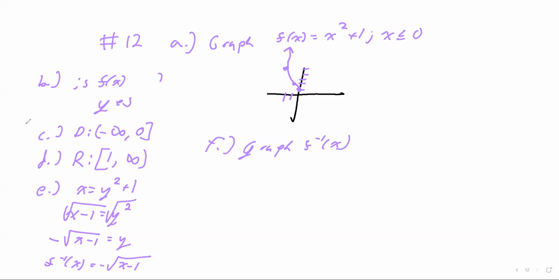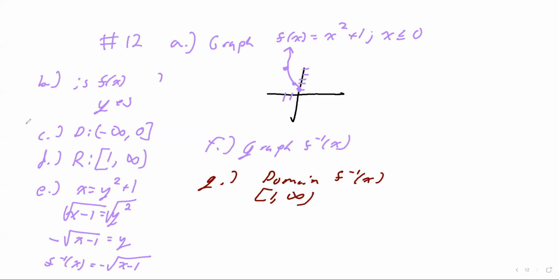So now the domain of the original function is the range of your inverse function, and the range is the domain of the new one. So I'm actually going to skip to the next two questions because it'll help us graph it. Part G says, what's the domain of the inverse? And knowing what I just told you, what's the domain?